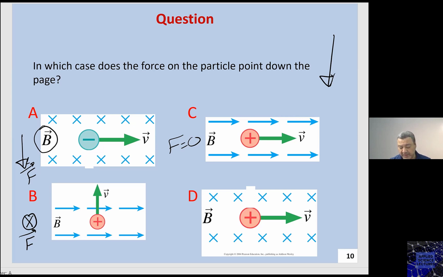The D case, I have a positive charge. The index toward the V, the middle finger toward the magnetic field, and then I will see that the force is going to be here in this case pointing upward. So case A is the one that gives me a magnetic force pointing downward.